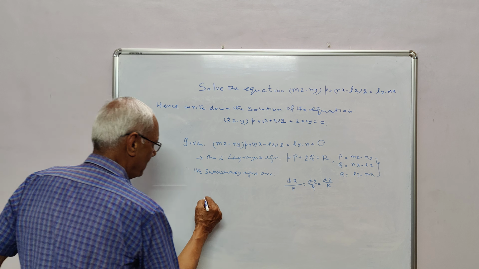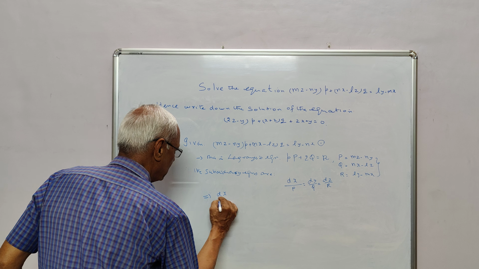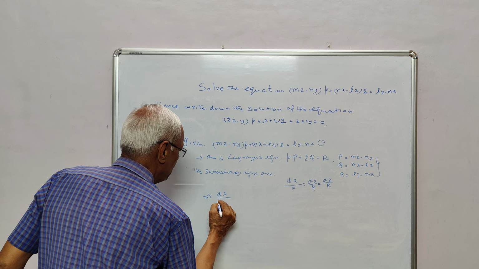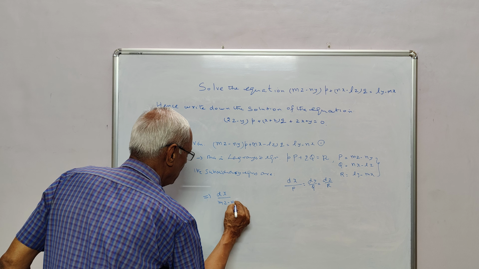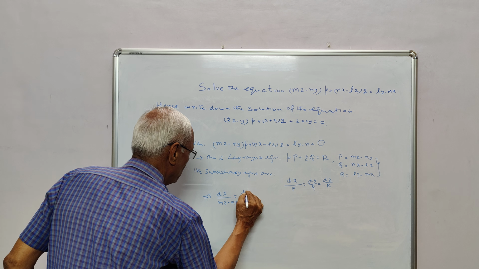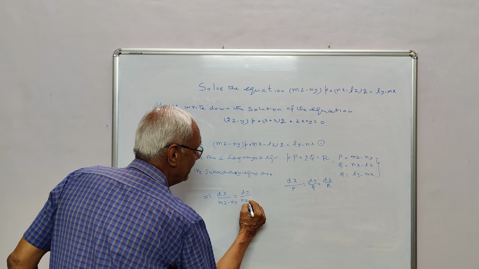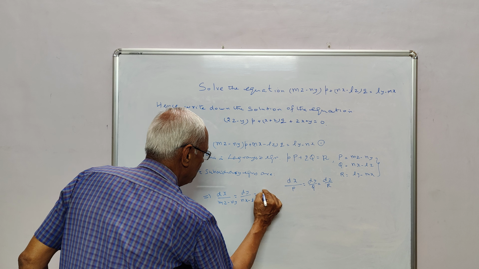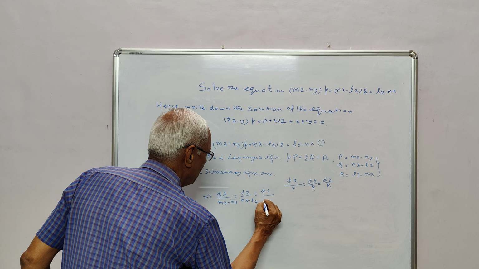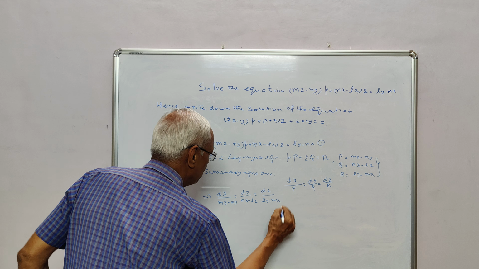Now this implies, what is this? dx by (mz minus ny) is equal to dy divided by (nx minus lz) is equal to dz by (ly minus mx).